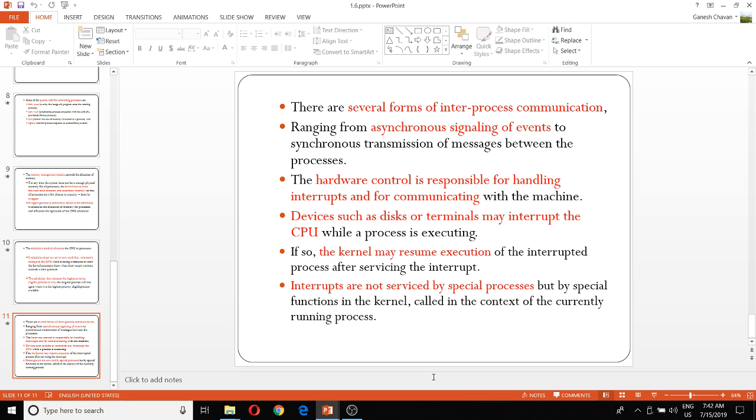If so, the kernel may resume execution of the interrupted process after servicing the interrupt. Interrupts are not serviced by special processes but by special functions in the kernel called in the context of the currently running process.